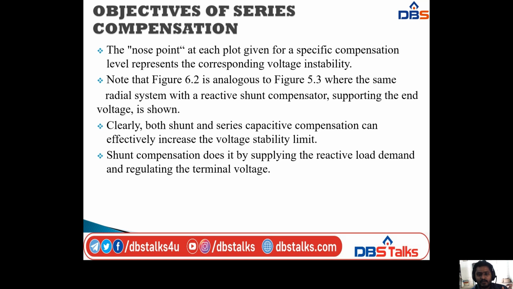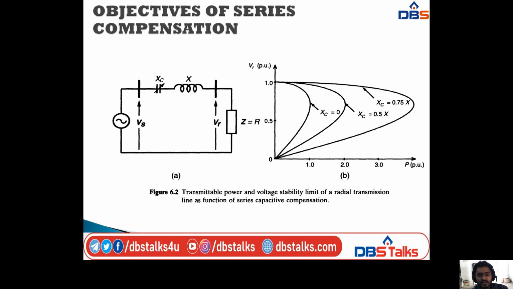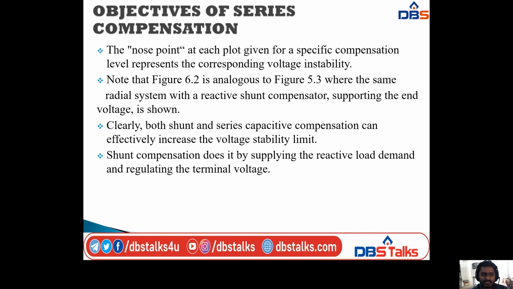Note that figure 6.2, that is this one, is analogous to the 5.3 diagram in the shunt compensation objectives, that is in the previous chapter, where the same radial system with the reactive shunt compensator supporting the end voltage is shown.